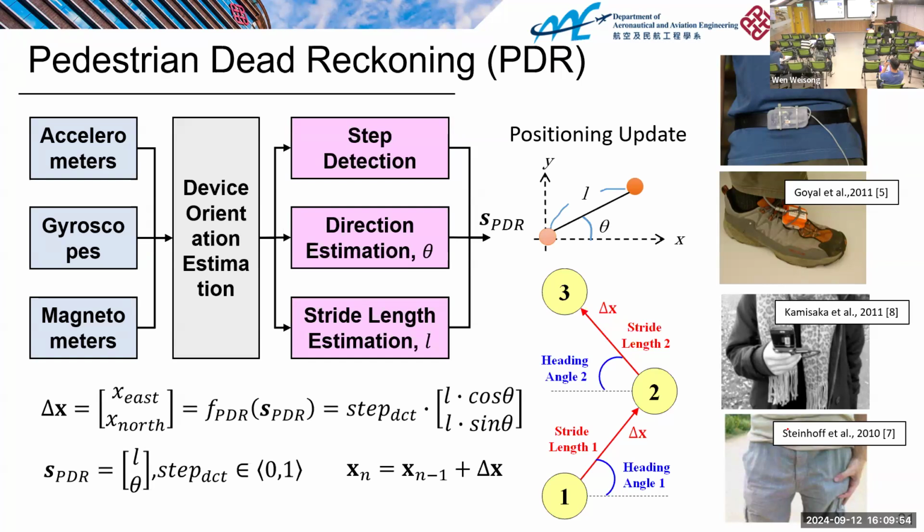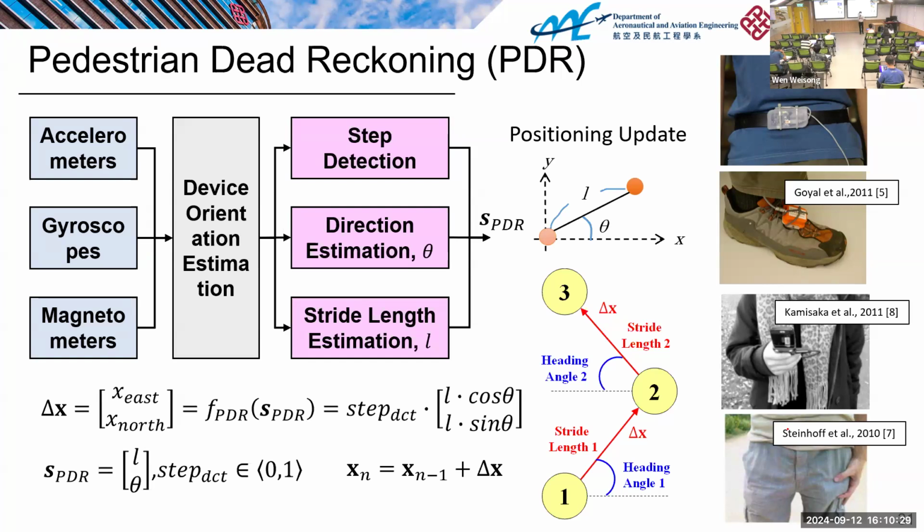Mathematically, the position at time n is equal to the previous position plus a change, delta x. But if there are errors in the delta x, they will accumulate over time. Another problem is that you also need to get your heading. Given a certain distance, I can go in this direction, or I can go in that direction, but the angle is different.